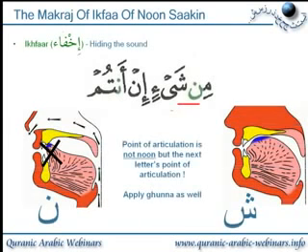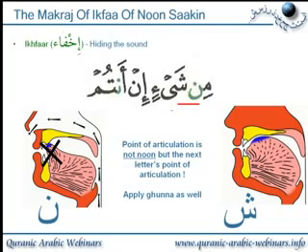So what we're going to do here, we're going to look at the makhraj to emphasize what we just said. We're looking at the example we did before, which was min shay'in. We're going to do the min with the Ghunna, plus we're getting our tongue ready for the articulation of sheen instead of the noon.